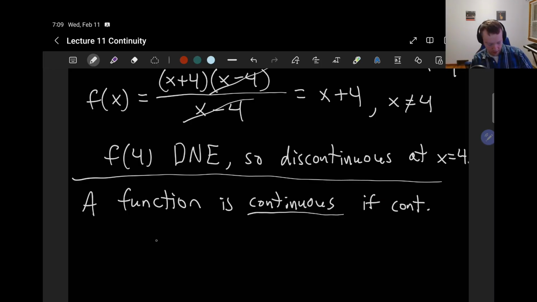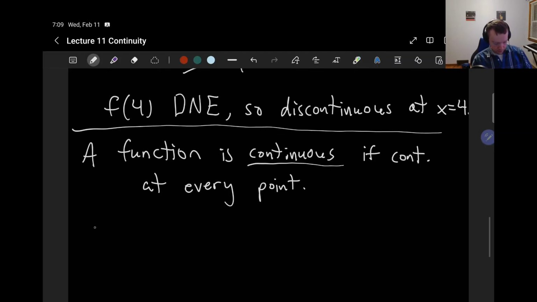Let's abbreviate that. So if your function is continuous at every point, you just say the function is continuous. And a good rule of note, which can help, is that polynomials are always continuous.